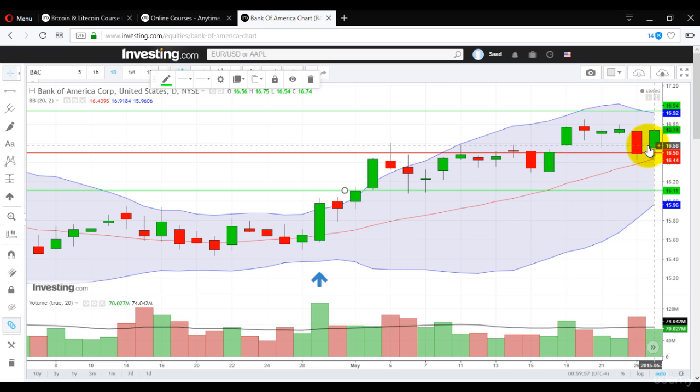Now in a short iron condor trade, we are expecting the price to stay within a certain band. So we want the trade to be made near the 20-day moving average, this red line. Why? Because we believe this trend line will go straight from now onwards, and as it will go straight, we will make the most money. So we need these two contracts to be near this line.